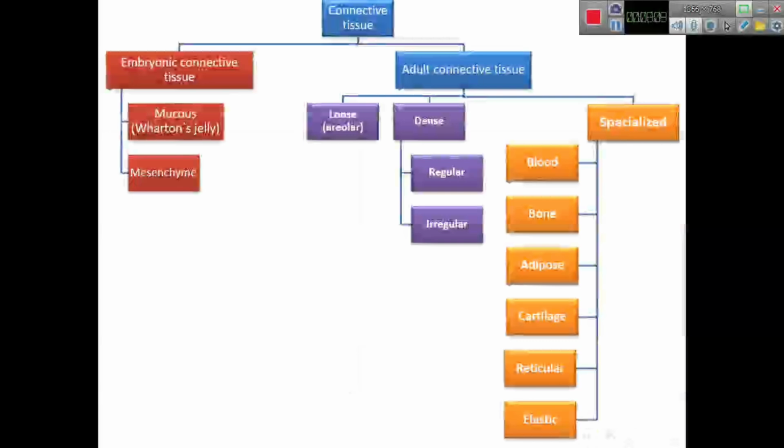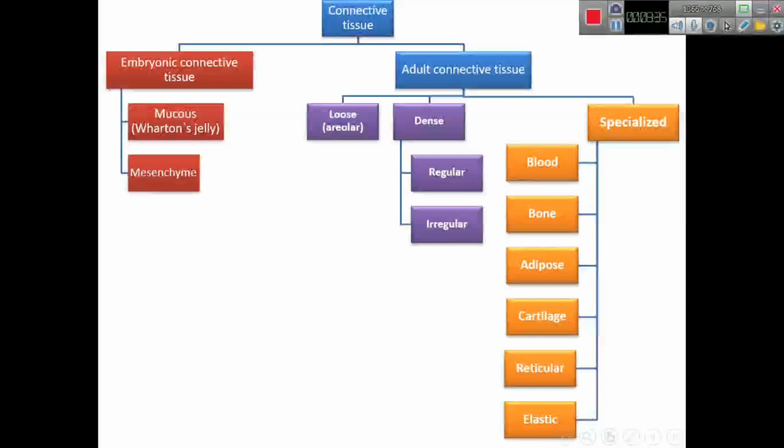Mucous connective tissue, if you remember, has a high amount of ground substance. This ground substance absorbs a lot of water and makes a jelly because of the GAGs and proteoglycans.